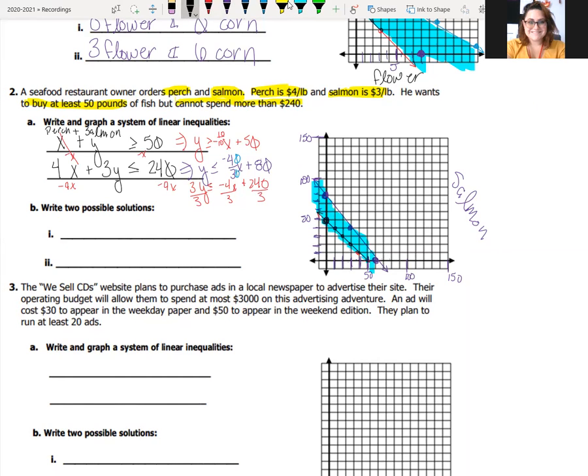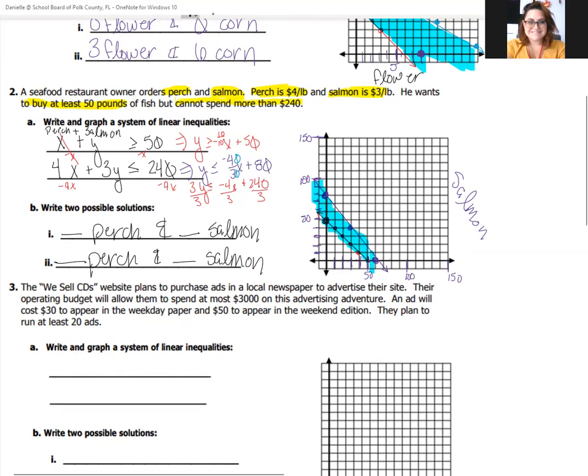Let's pick our two numbers. So we'll have blank perch and blank salmon. Let's pick some numbers. I'll choose this one because it's where they cross and they're both inside, and I'll choose this one.